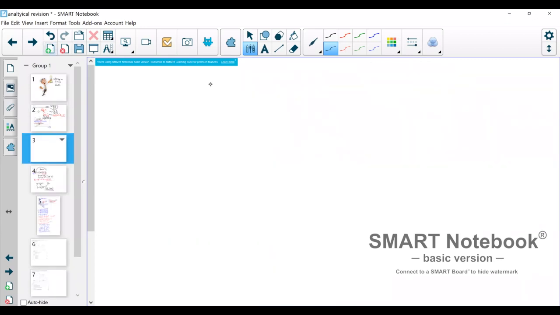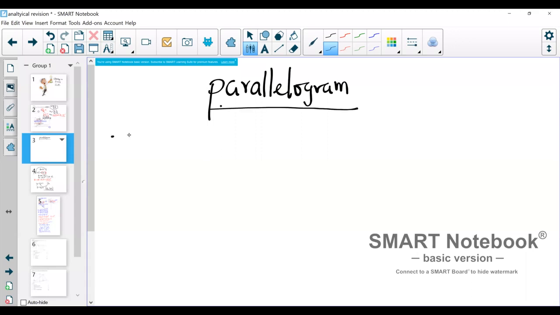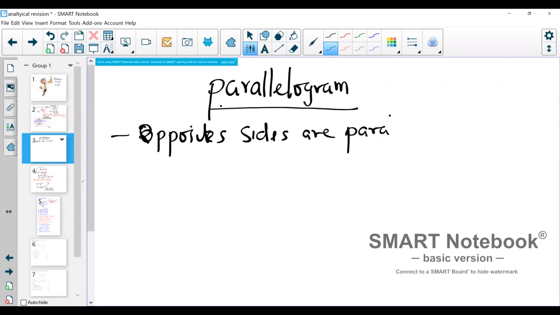Here you would need to make, all right, one of the things I know, opposite sides are parallel in most parallelograms. And number 2, the diagonals bisect each other.